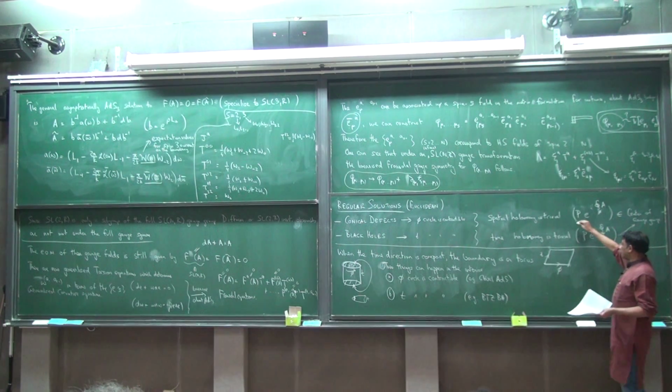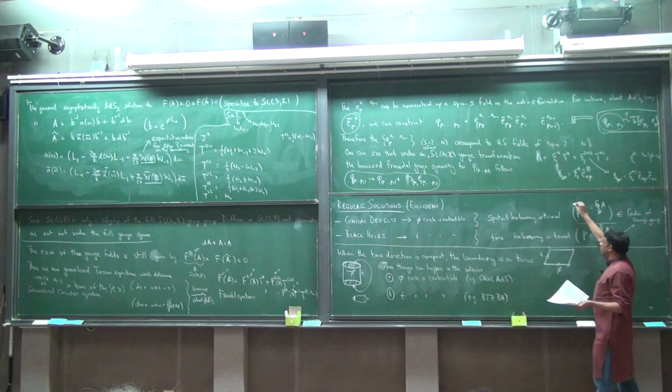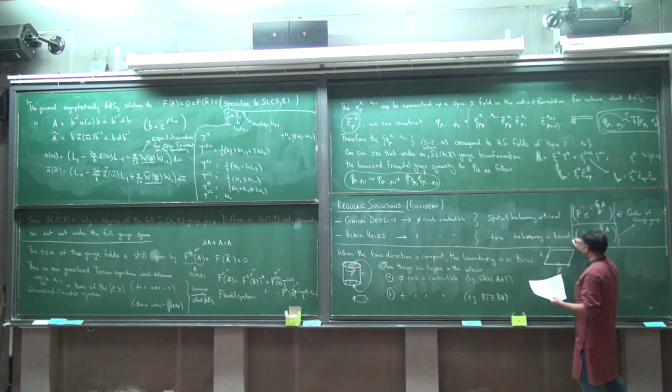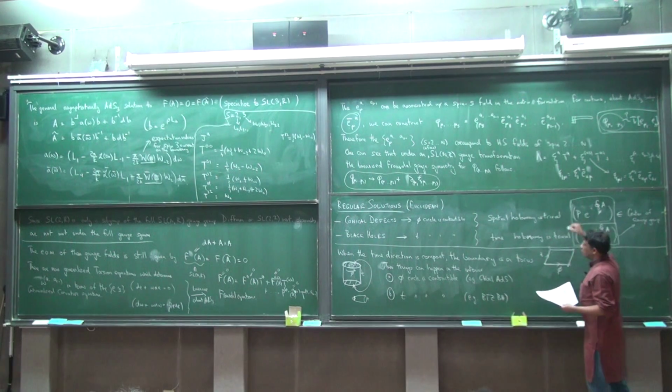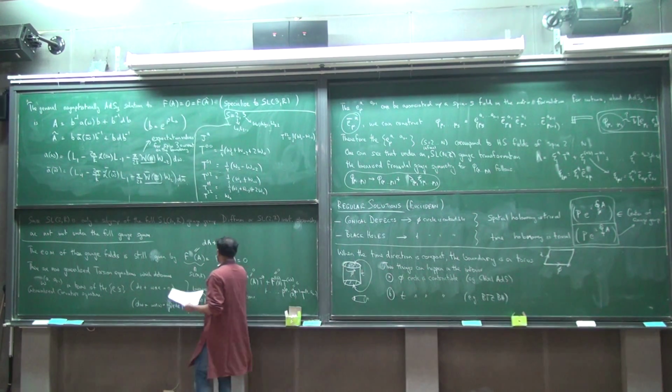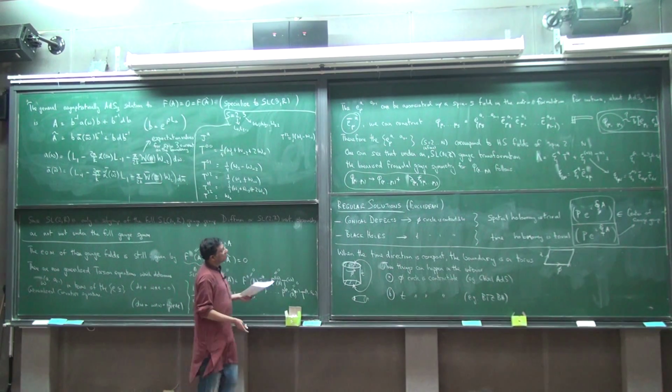From the Chern-Simons point of view, there are very few gauge invariant observables, and holonomy is one of them. The field strengths vanish, so you can't build any non-trivial gauge invariant observables from the field strength.